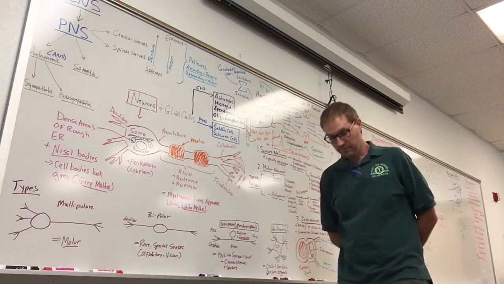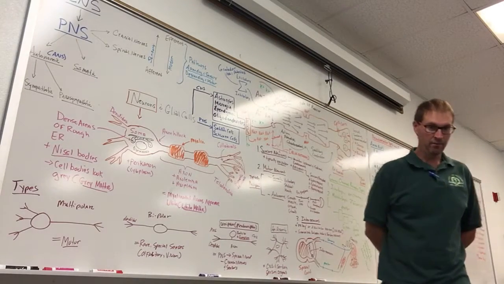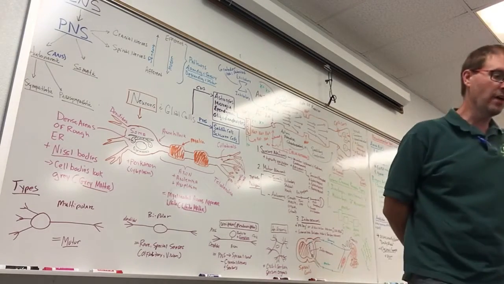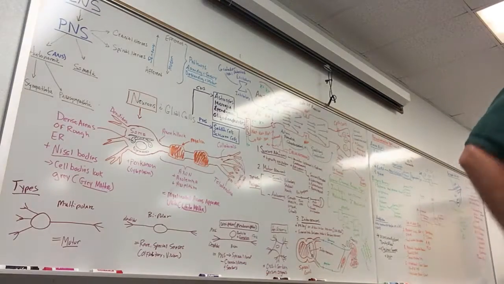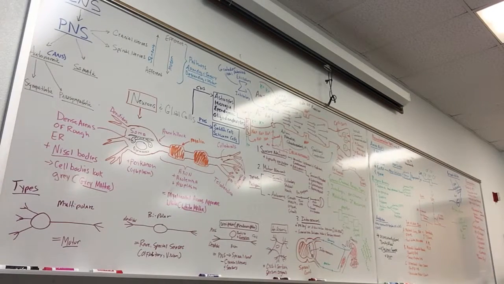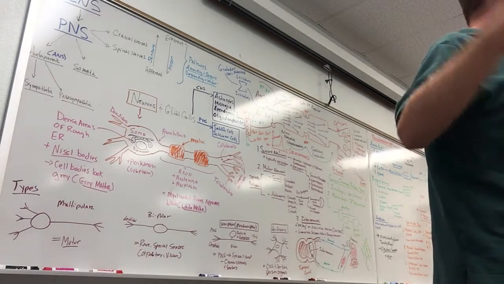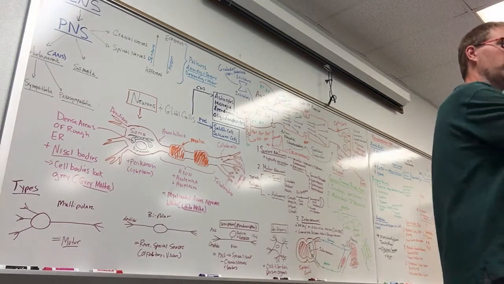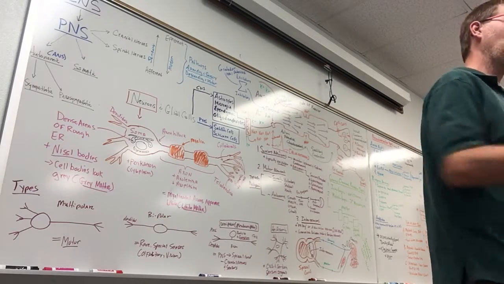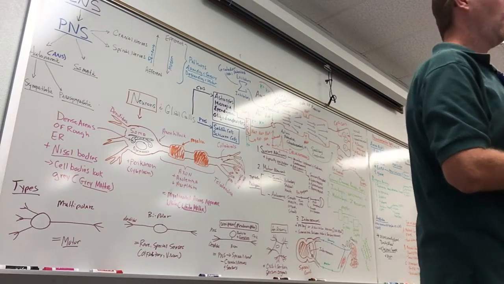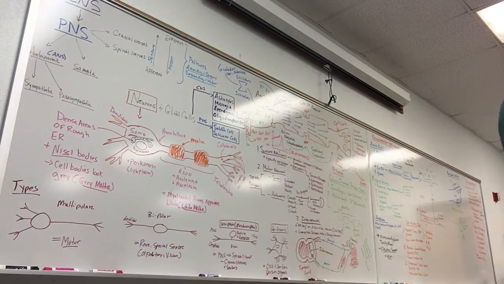Now, when we talk about in or out of the brain, we need to understand that different types of information are carried into the brain, and different types of information come out of the brain. In general, I think of nerves that go into the central nervous system as ascending, because that information has to go up to the brain.